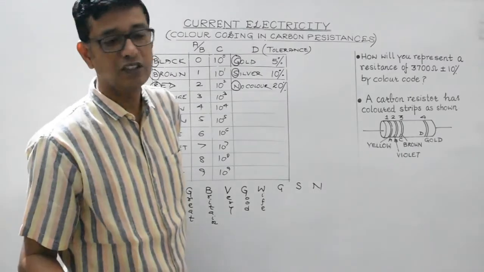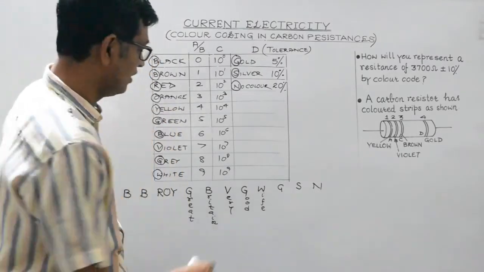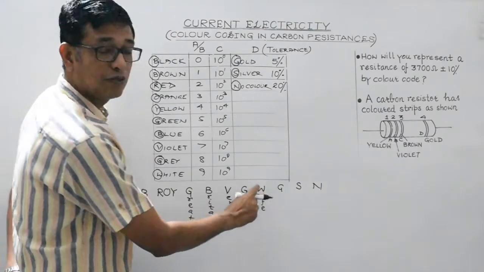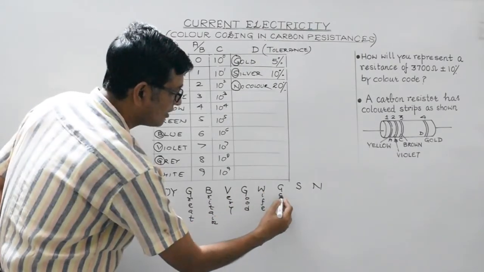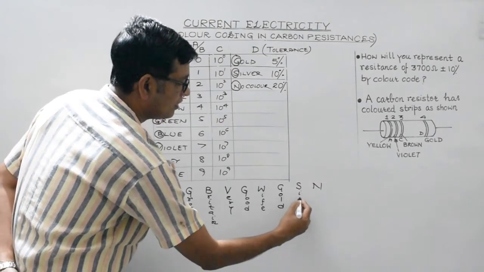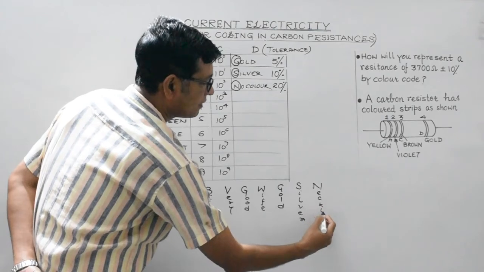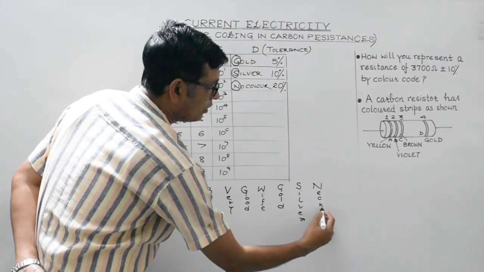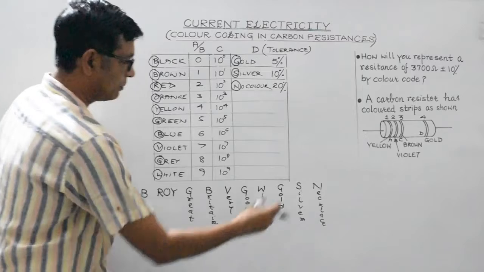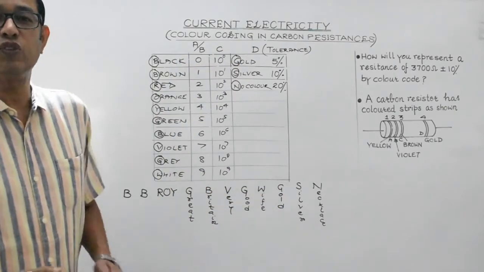And wives, students, they are fond of jewelry. So has a very good wife wearing gold, silver necklace. I hope simply by remembering this particular statement, you can remember this sequence of colors.